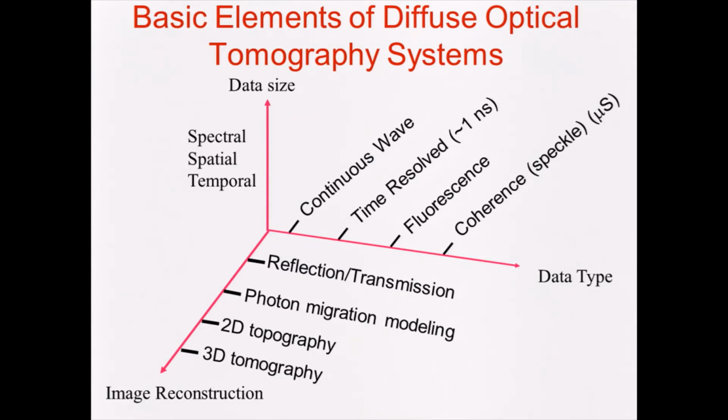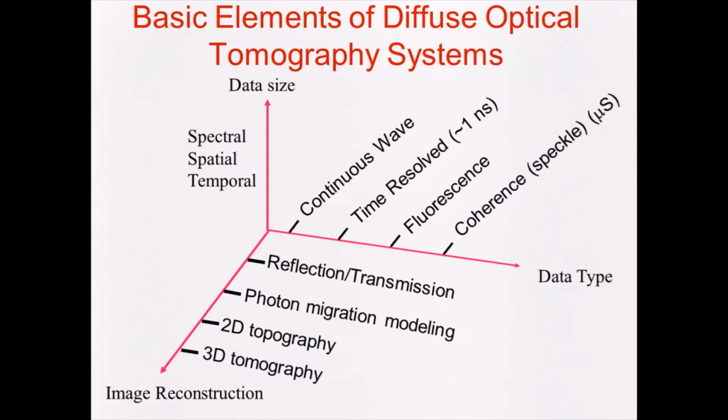Is it just a continuous wave system, or does it have time-resolved measurements, or fluorescence, or you can even use coherence, which I won't talk about too much today. And then there's also what sophistication you have in terms of the reconstruction. You can do reflection transmission measurements, which is kind of what Jorge was talking about.